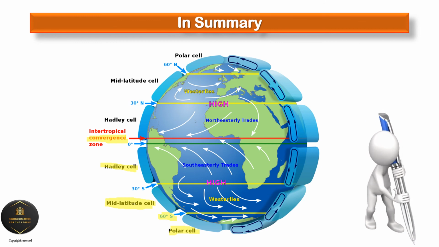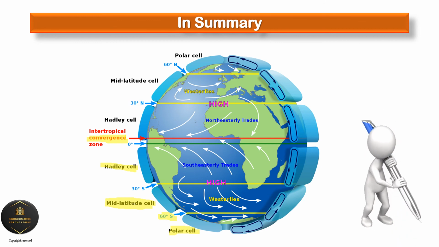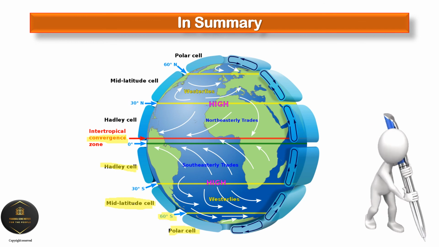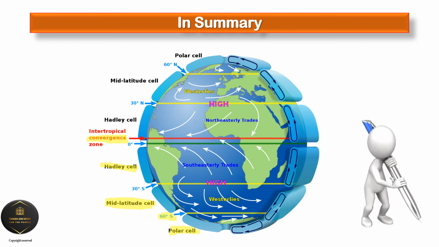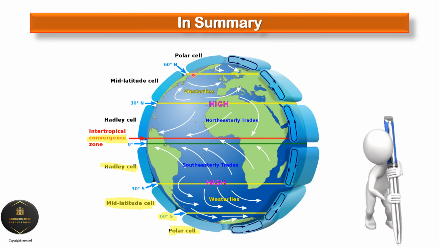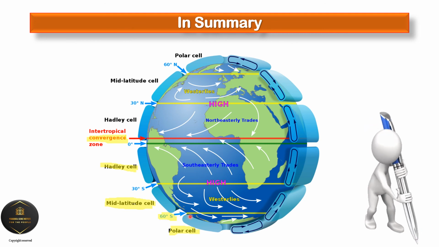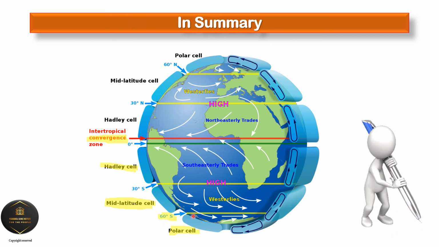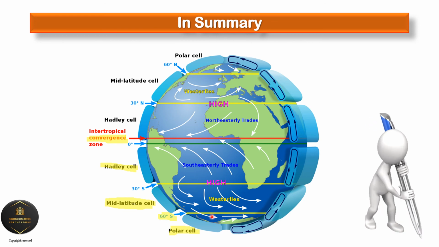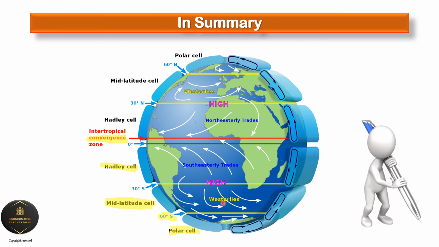And remember now that our global winds will follow the pressure gradient force, which states that air will always move from a region of high pressure to a region of low pressure. And the different lines of latitude have air of different pressure. So at 30 degrees you have your subtropical high pressure belt.